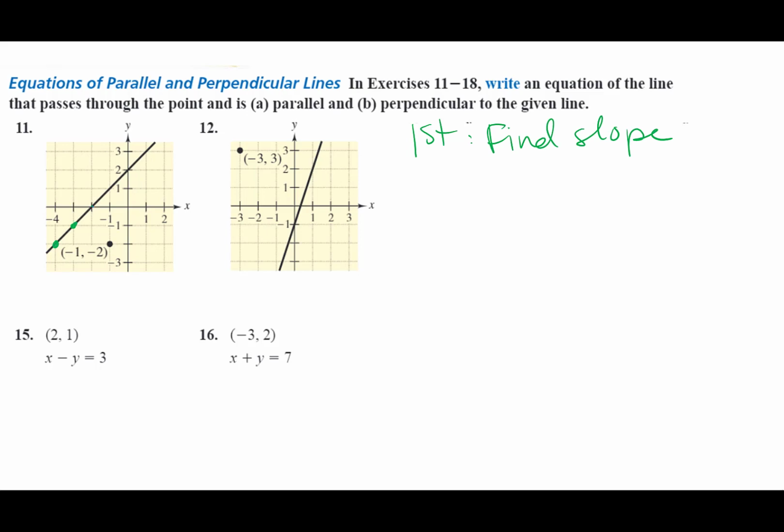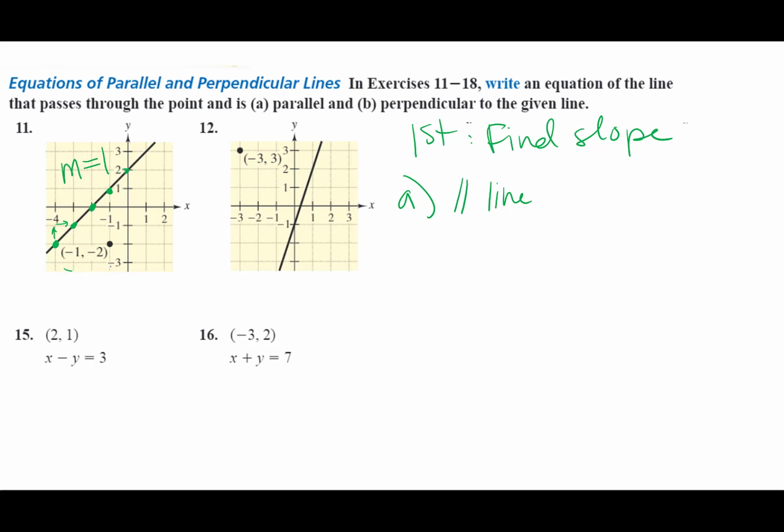I am dotting in where it crosses the grid. Do you see that the slope is 1 over 1, which simplifies to the whole number 1? And so first it's asking for a line that's parallel to this line given on the grid, but it goes through the ordered pair -1, -2.